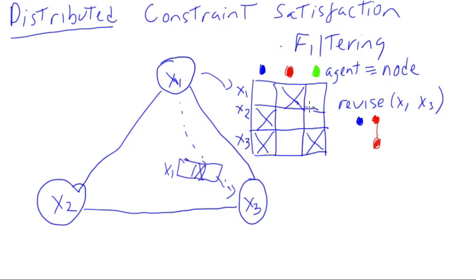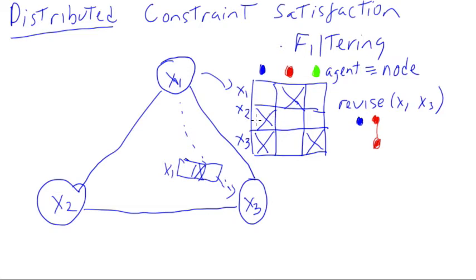So he's gonna send them that row of his constraint table, and then x3 is going to add that row to his constraint table, right? So that's what's going to happen.